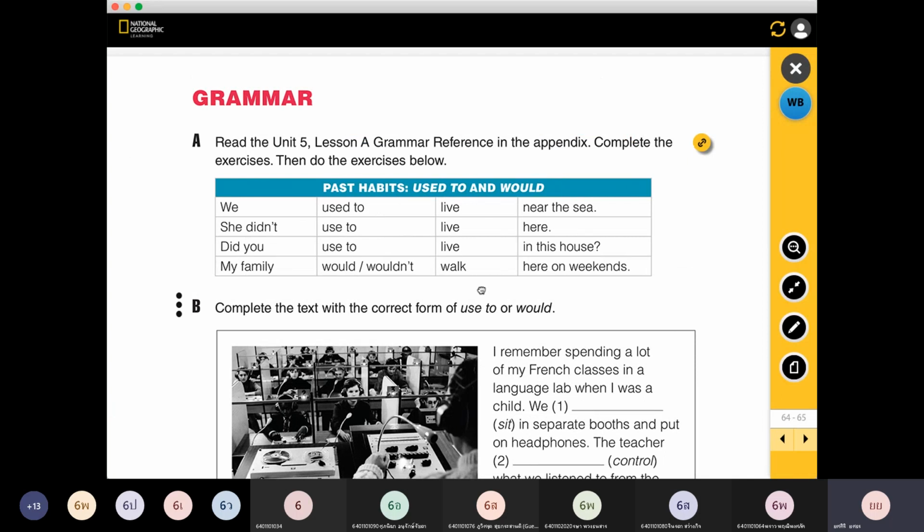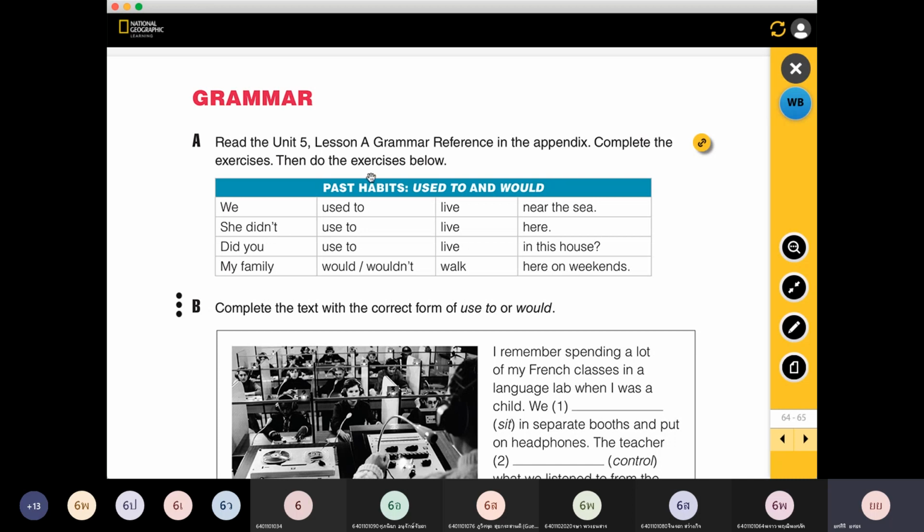But if something repeatedly happened in the past, we're going to use two more words to tell people that it's not just general situations or actions in the past. It's more like habits, more related to yourself.